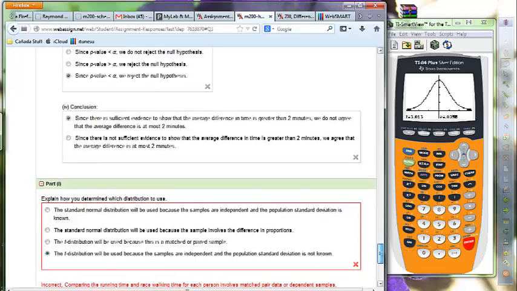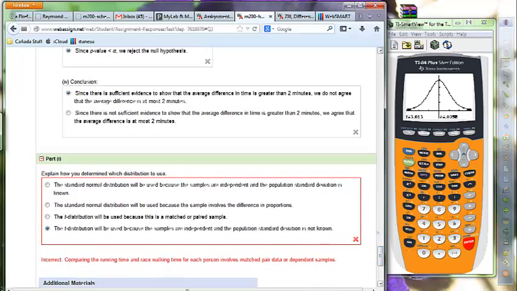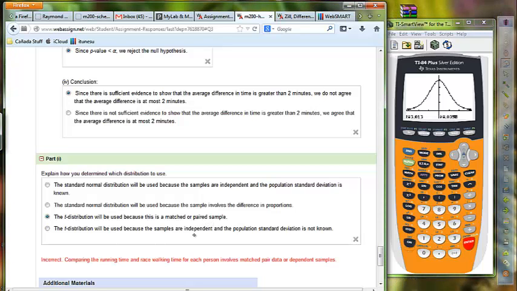So explain what helped you decide on your distribution. We didn't use a standard normal distribution. We use a t-distribution because we're looking at matched pairs. So when we have independent samples and the population standard deviation is not known, we're going to use a 2-samp t-test.